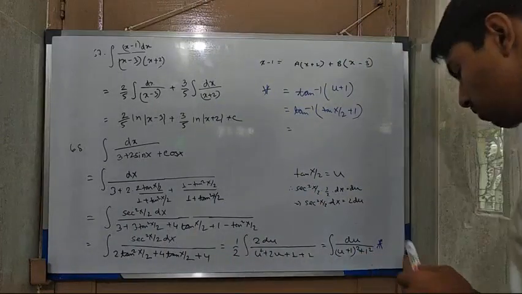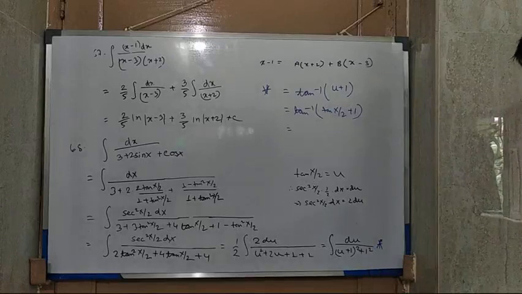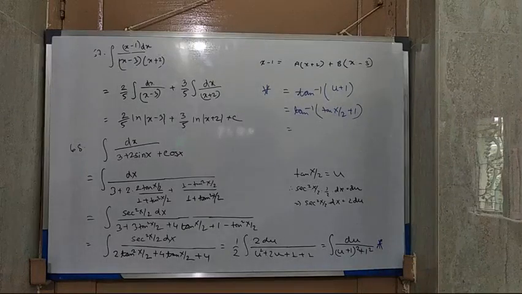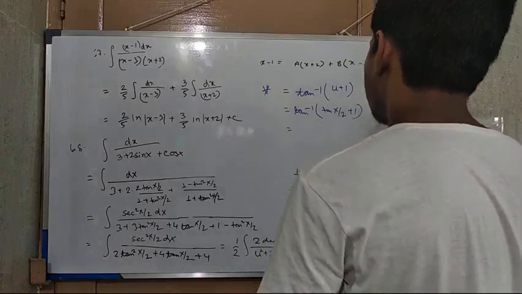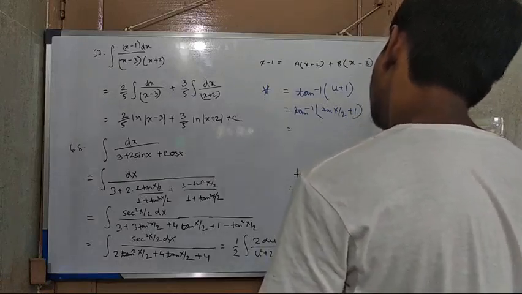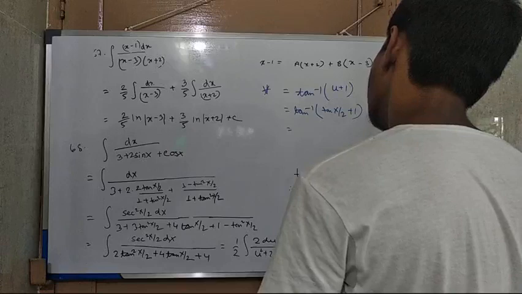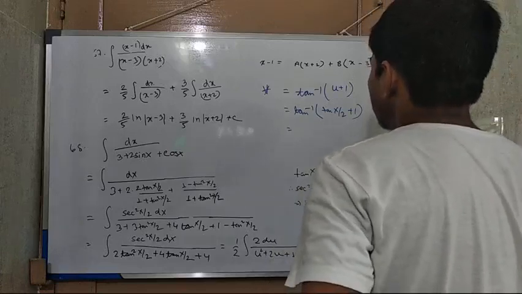So this is actually the value of this integration. But there's something mistaken. So what is mistaken here? I don't know. How can I simplify this one?